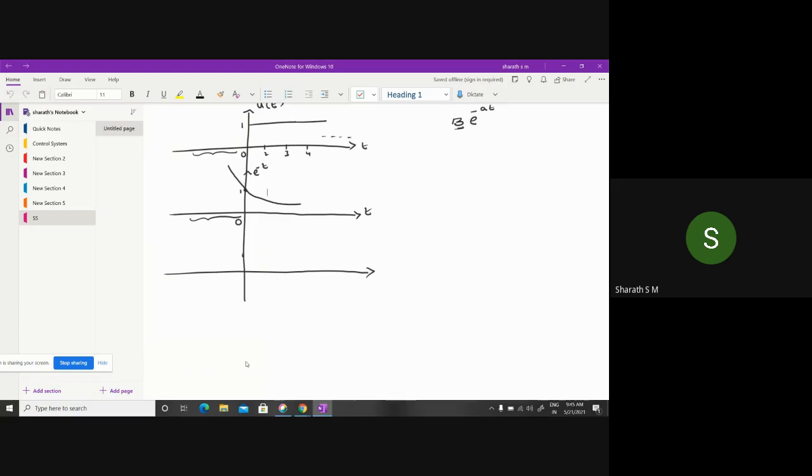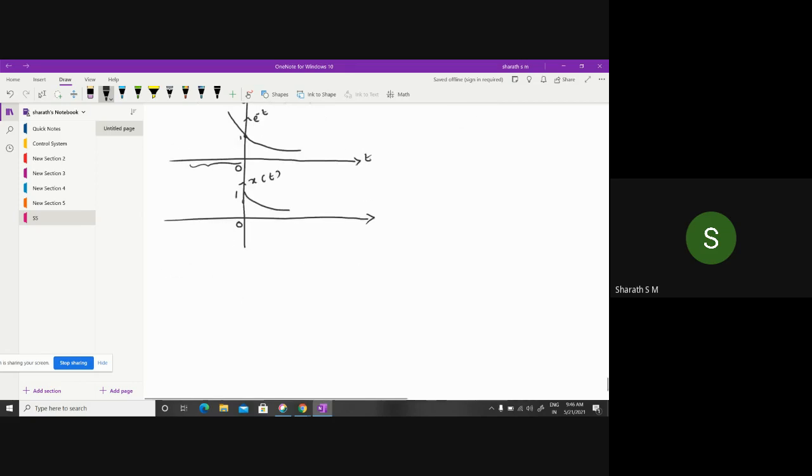I have some problem with the pen. So you people just write down the decaying exponential, and its amplitude level is 1. Maintain its amplitude level as 1 only, initially at 0. So this is x of t. But we need to sketch the even and odd parts. For the even signal, we have half into x of t plus half into x of minus t, and then perform subtraction for the odd part.